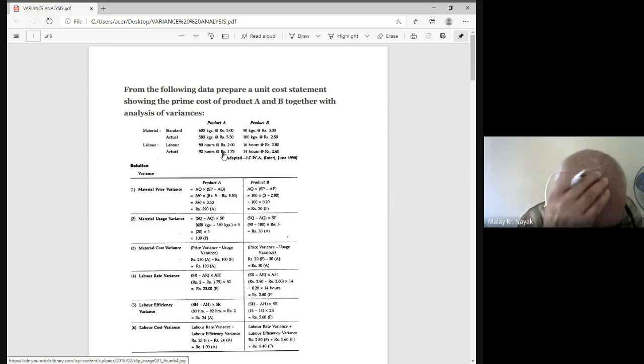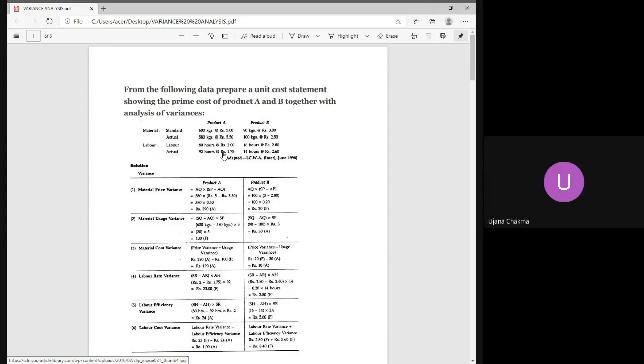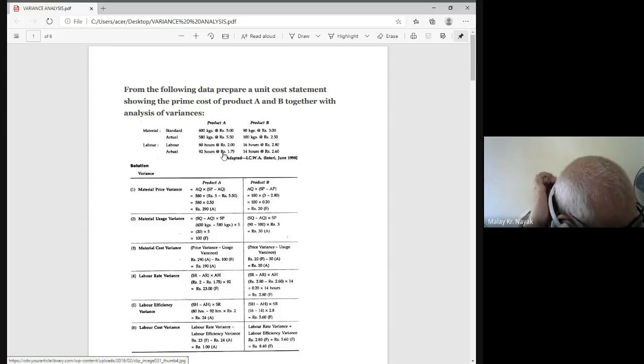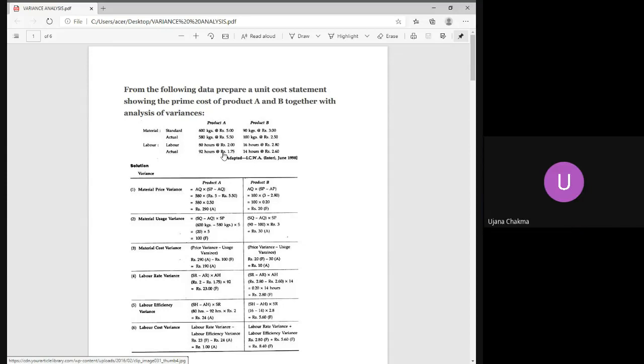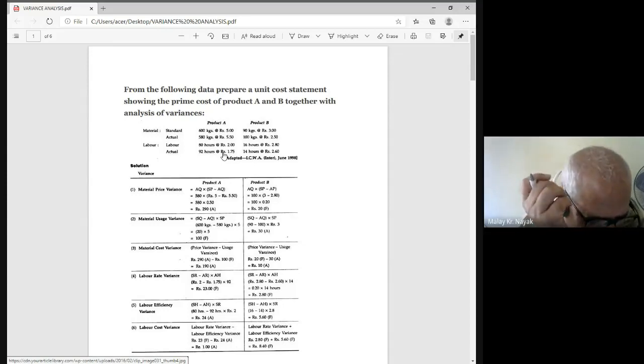Actual cost is more, so is it good or bad? It's bad. Then you should write within bracket capital A, that means adverse. Okay?